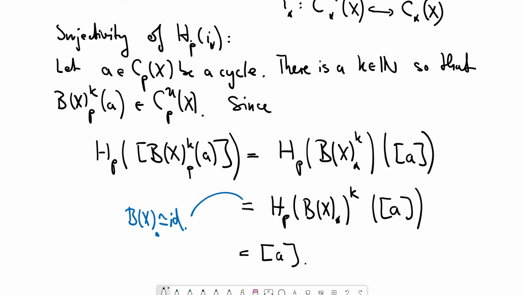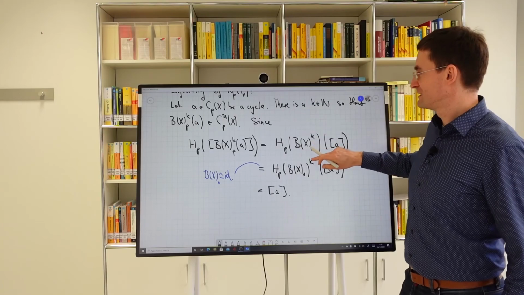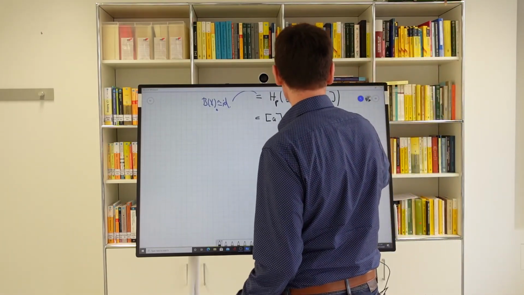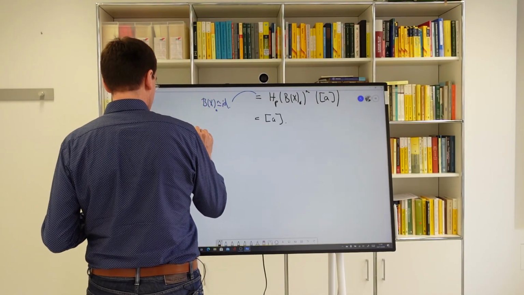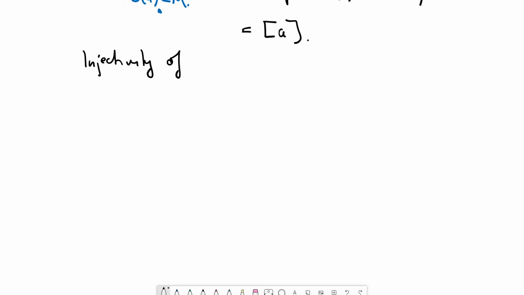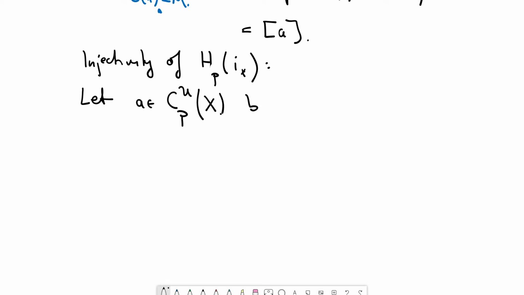Let's go to injectivity and then we're done. Injectivity is slightly more complicated. So here we have to start with a cycle in C^U star. So let A be now already from the start in C^U star of X, let's say in degree p, be our cycle.